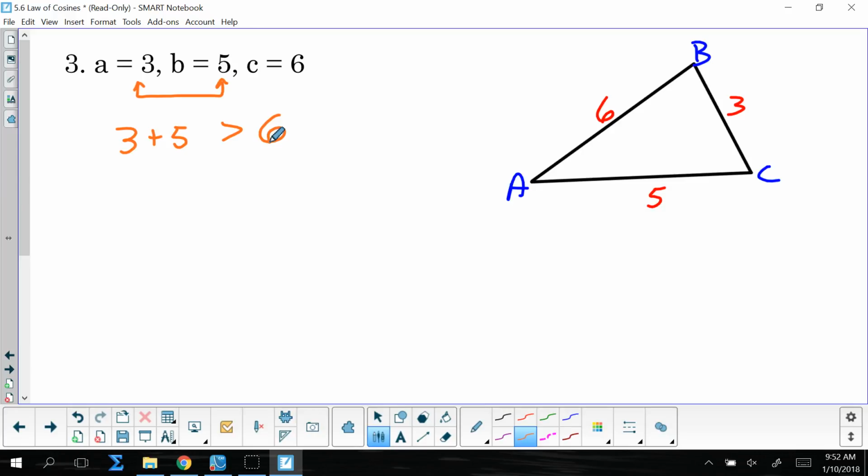If it's shorter, I don't get a triangle. So it has to be bigger. So 3 plus 5 is 8. And is 8 bigger than 6? Yes. So this is a triangle.